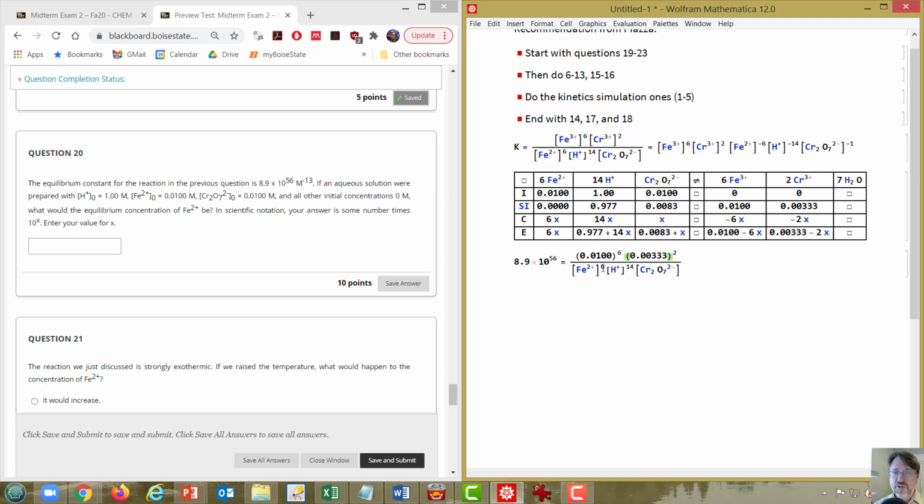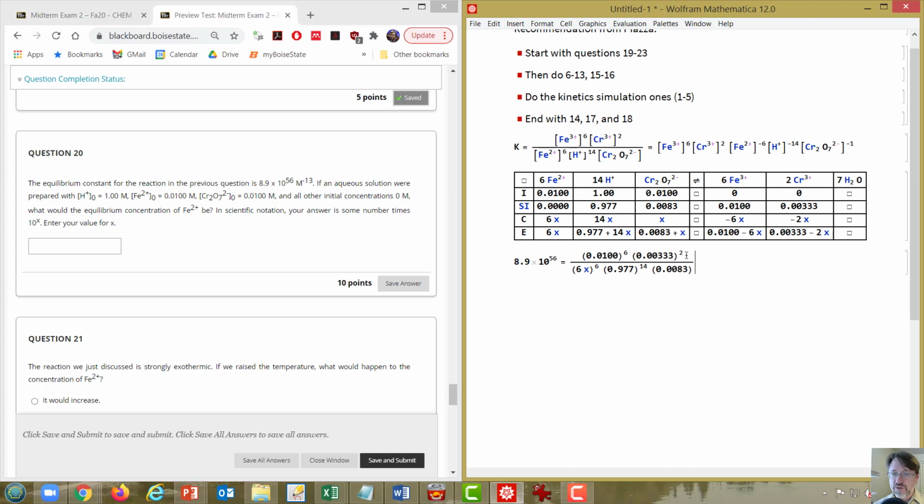We have the Fe2 plus, which is going to be our 6x. We have our H plus, which is going to be 0.977. And we have our chromate, which is going to be 0.0083.